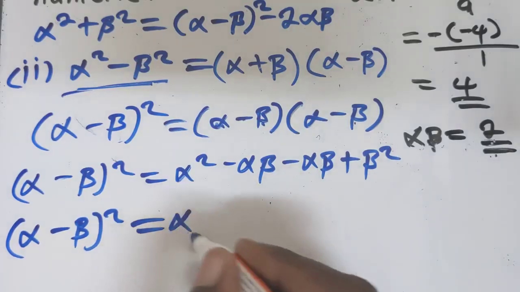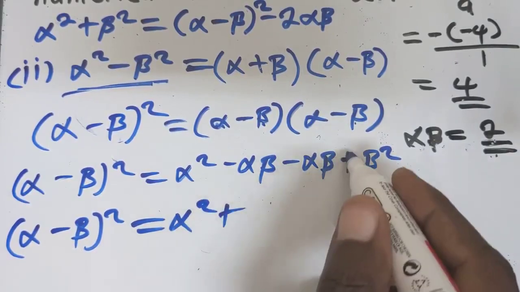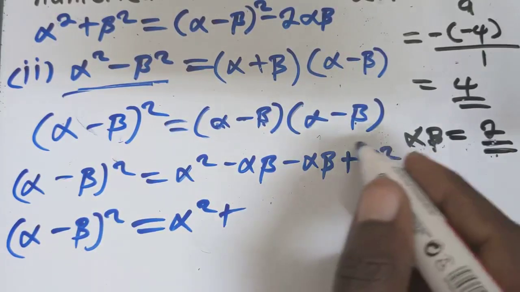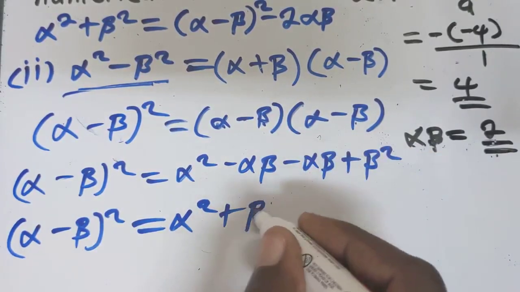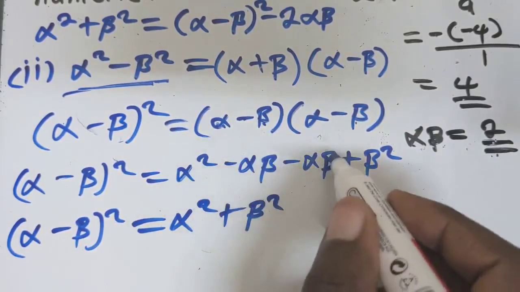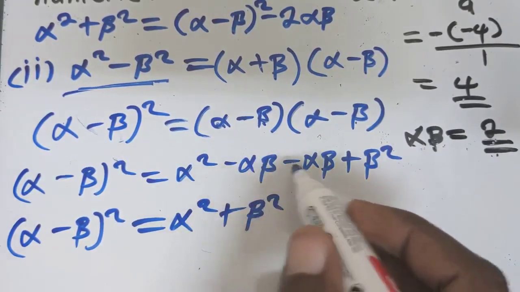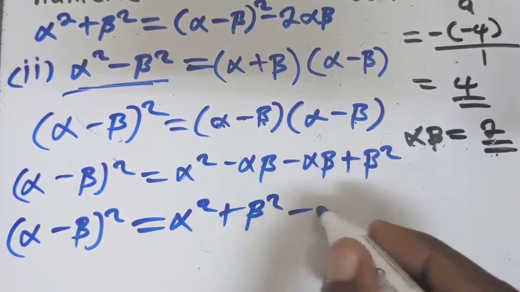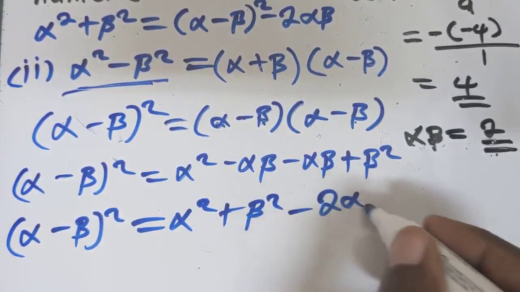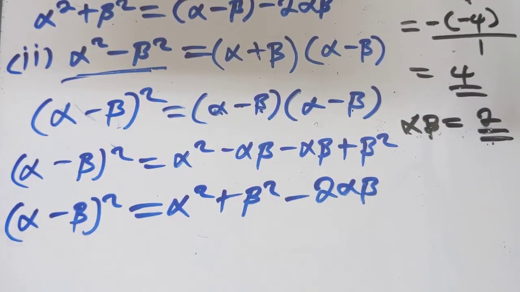So we are going to write alpha squared plus beta squared. Then this part here, it is negative alpha beta minus negative alpha beta, so this just becomes negative 2 alpha beta like that. Are we together? I hope you are getting the concept.